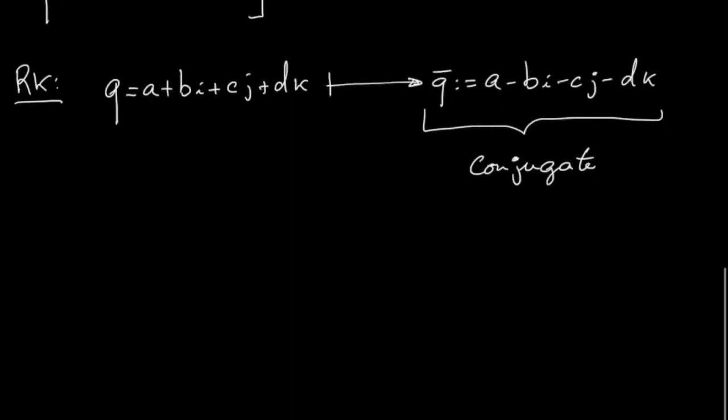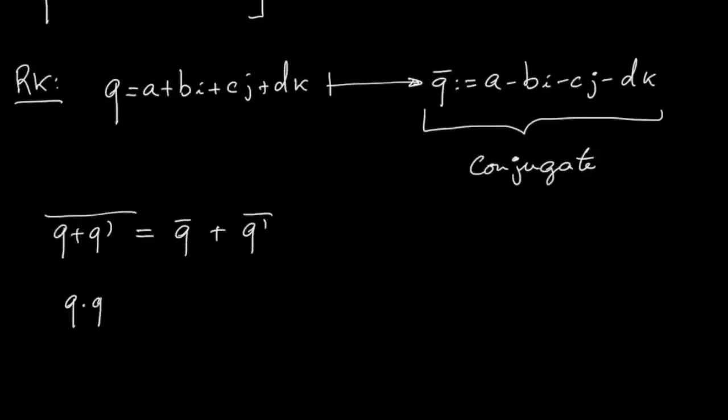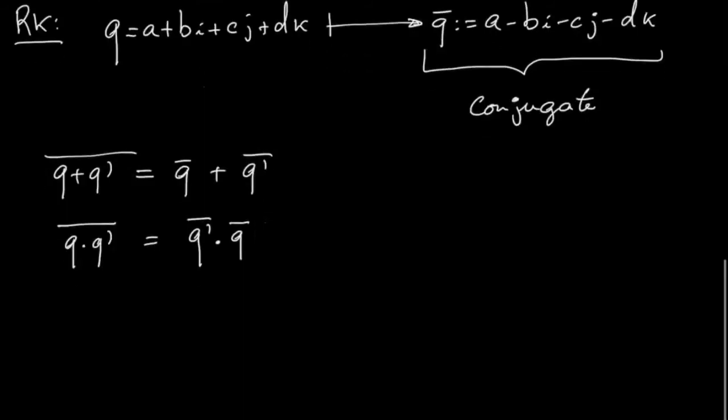Let's see some easy properties of conjugation. If we have two quaternions and we add them and then take the conjugation, that's equal to taking the sum of their conjugates. The conjugate of the multiplication is the multiplication of the conjugates, but in the reverse order. And if we have a quaternion and take the conjugate of the conjugate, we get the quaternion back.